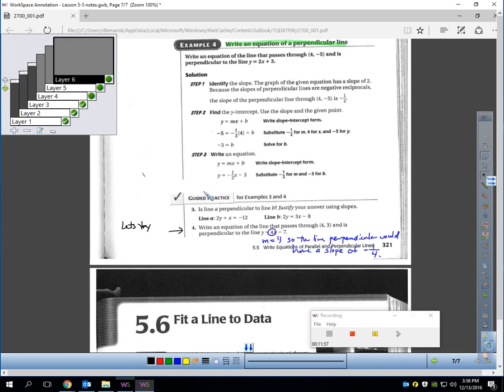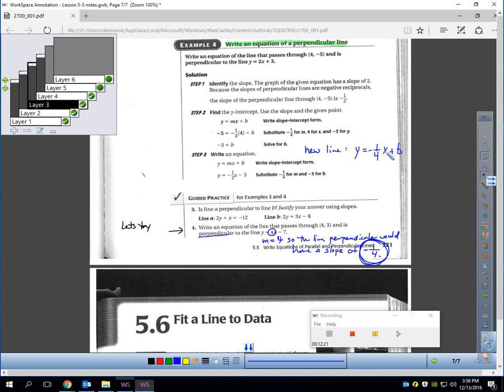Now, do you notice the line given has a slope of 4? So if I want a line perpendicular to this line, I've got to take 4, flip it, and change the sign, which I wrote here. The new line would have to have a slope of negative 1/4 if it's going to be perpendicular to the line given. Let's start writing an equation.